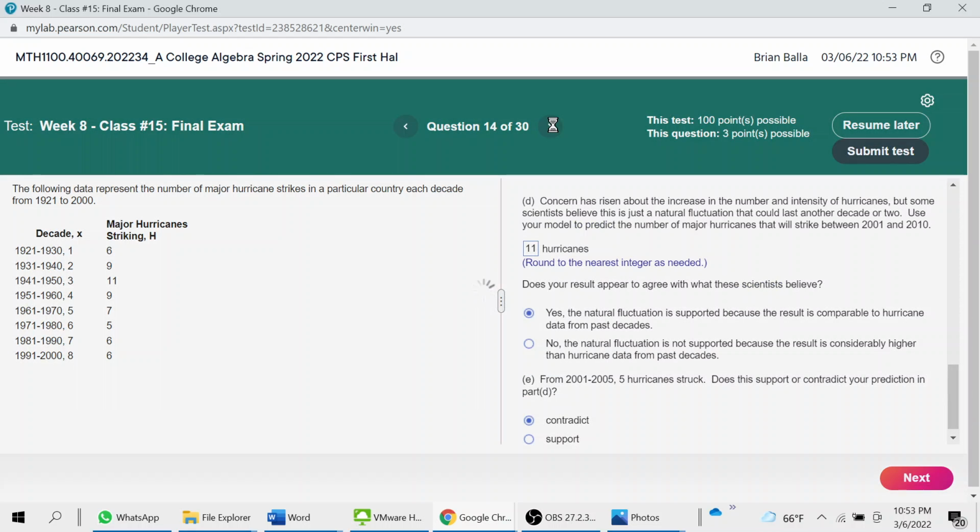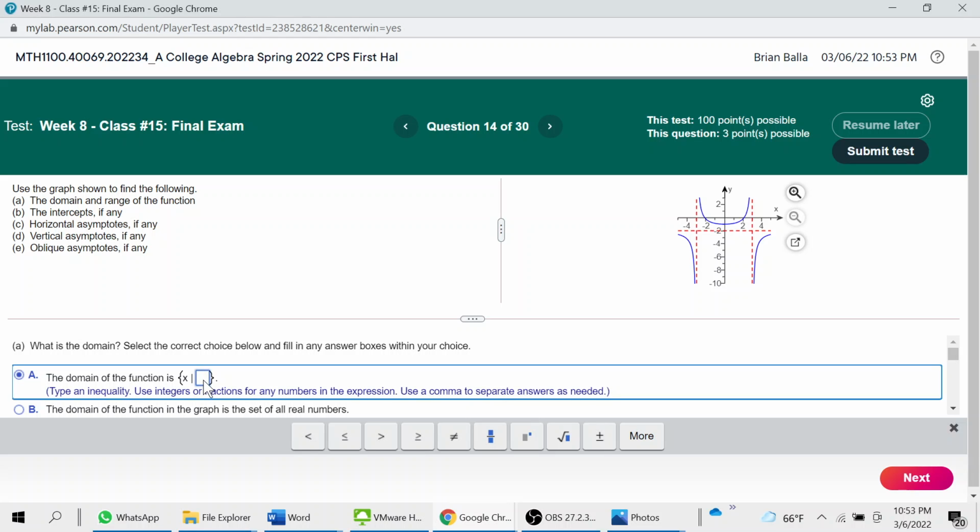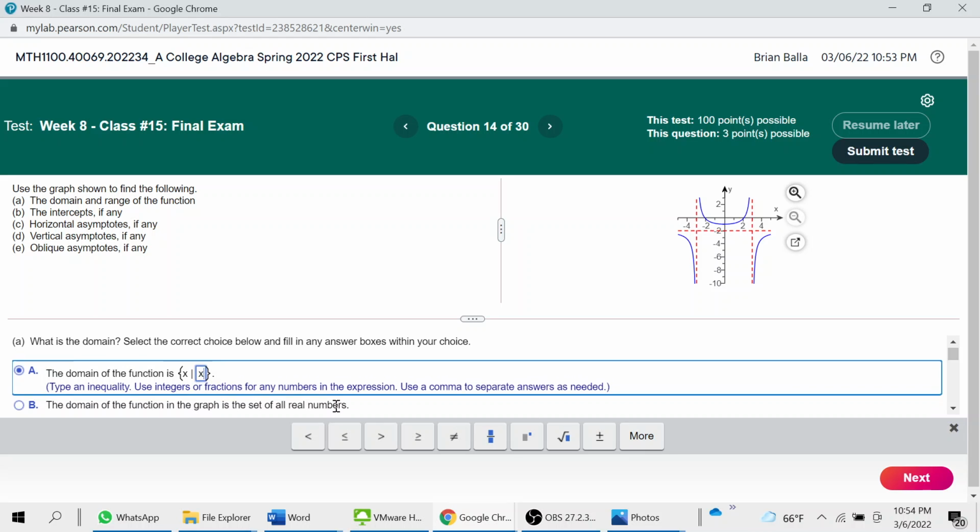Okay, moving on to question 14. The domain of this function, inequality. X is less than -3. And then here, x is between -2 and 2. And here, x is greater than 3.